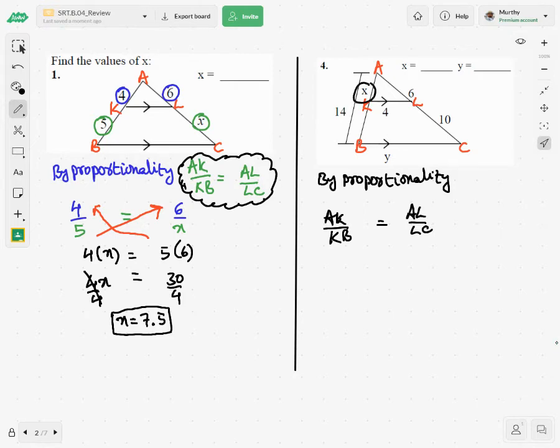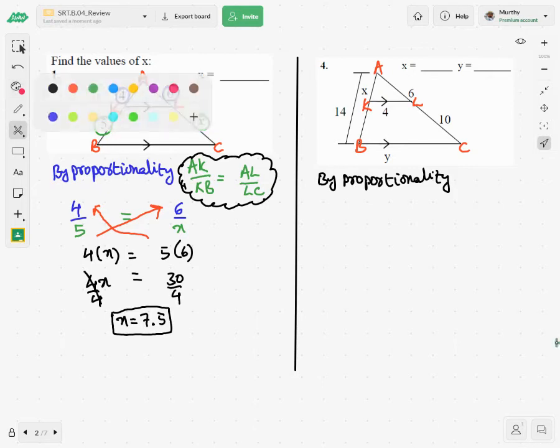Do I know the value of AK? Yes. Do I know the value of KB? You see that my denominator is KB and I don't know the value of KB. Therefore, you cannot take the same condition for every question.